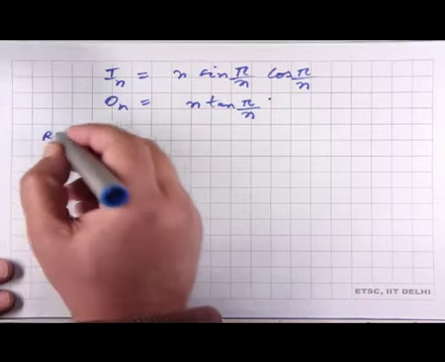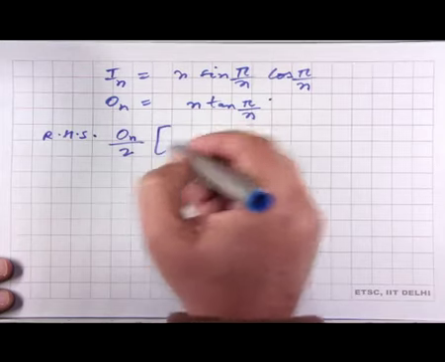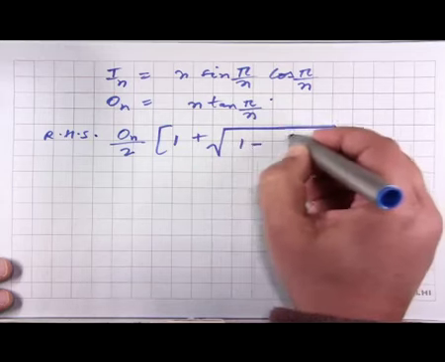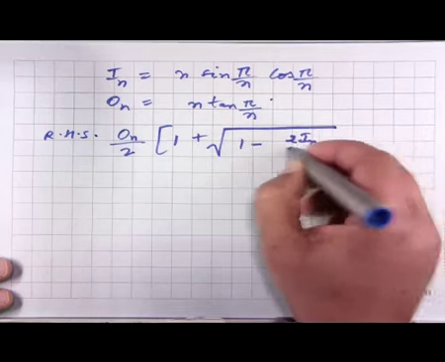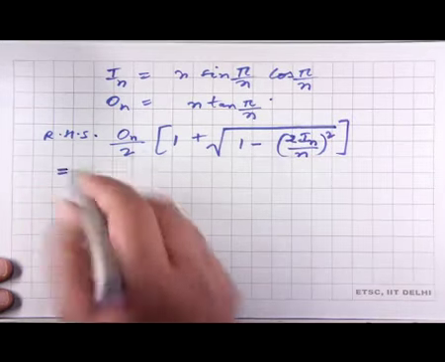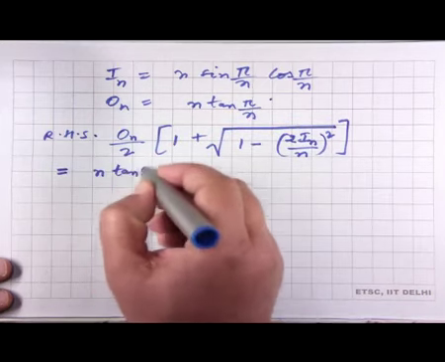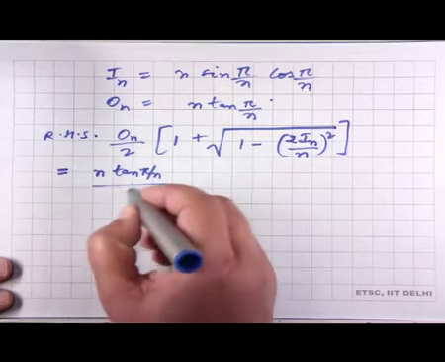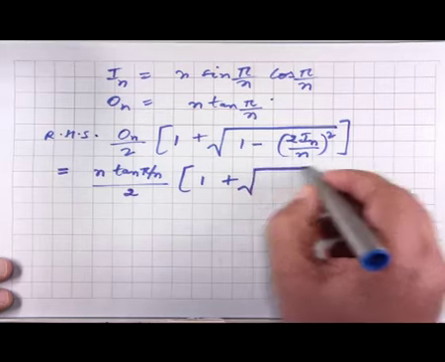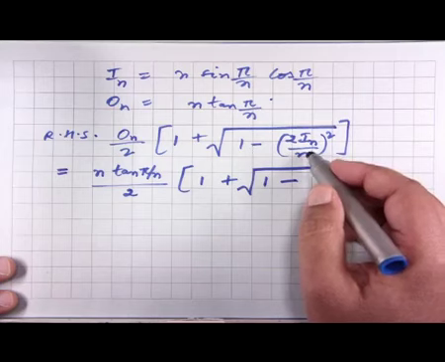So, the right hand side is O n over 2 times 1 plus square root of 1 minus 2 I n over n whole square, which is equal to, so O n over 2 is n times tan pi by n over 2 times 1 plus square root of 1 minus, so 2 I n over n.